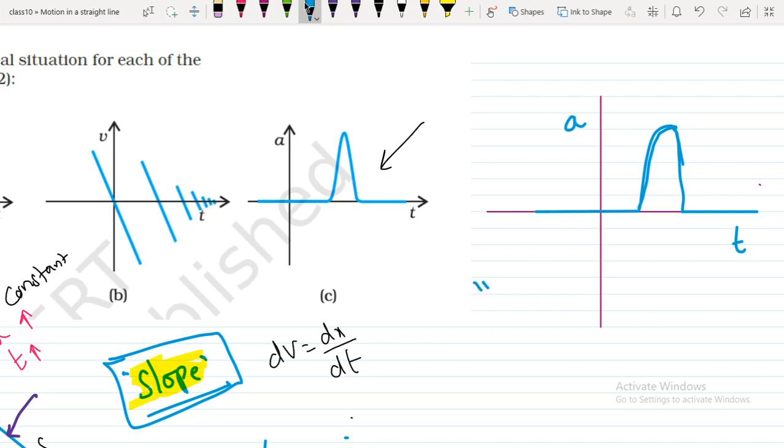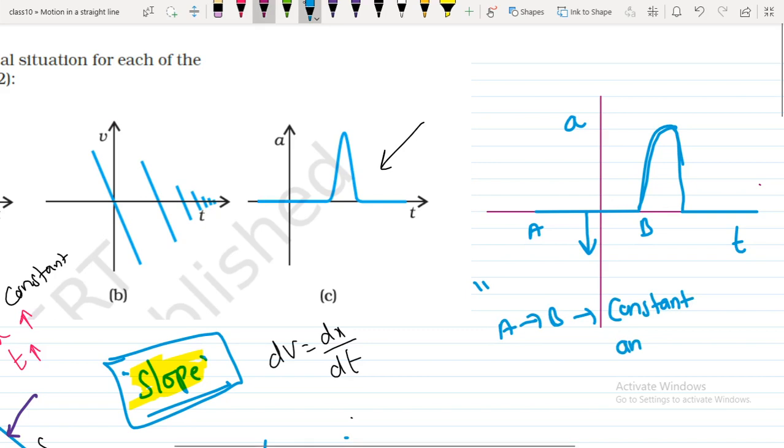This is the situation. A ball is moving from A to B with constant acceleration. From B to C, something is happening.